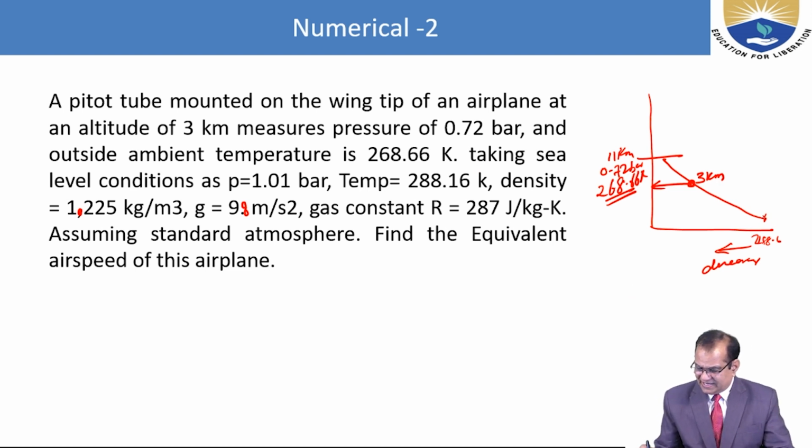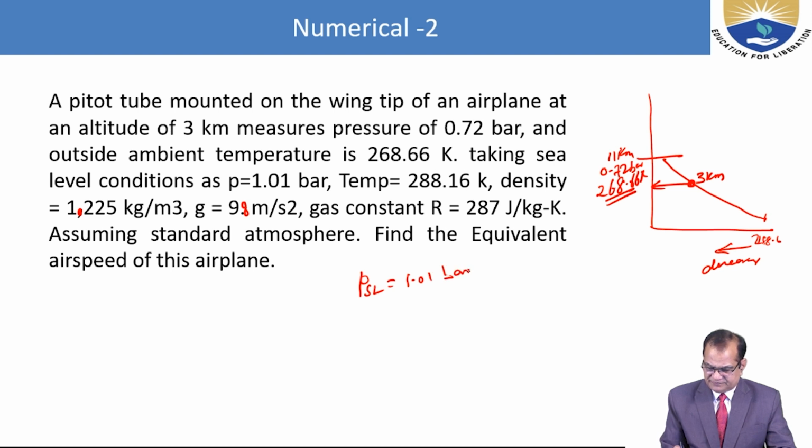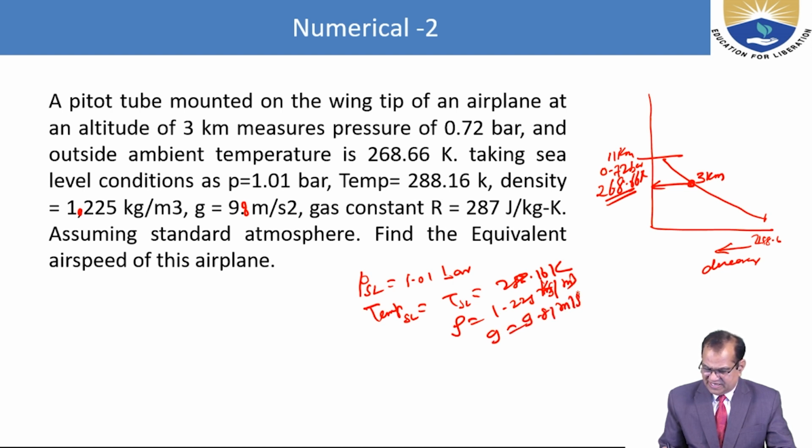If you take the sea level, the sea level pressure is 1.01 bar, temperature at sea level TSL is 288.16 Kelvin, rho is 1.225 kg per meter cube, G is 9.81 meter per second square, R is 287 joule per kg Kelvin.